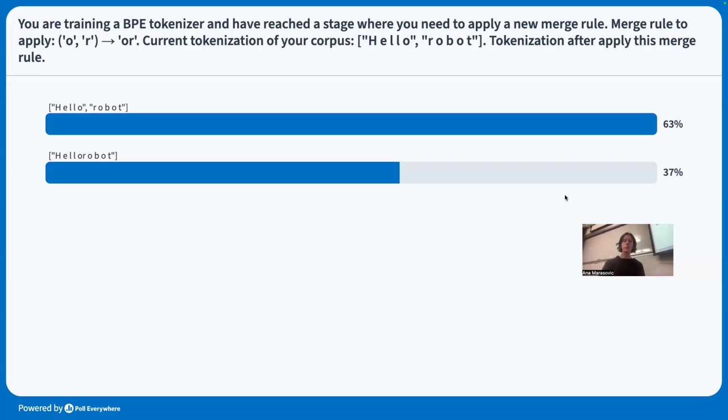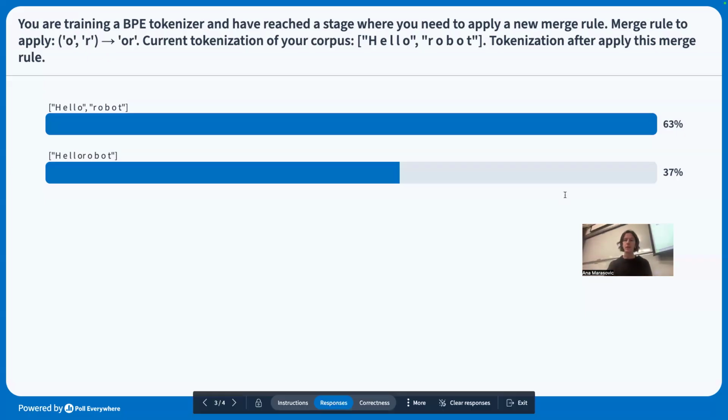The most important bit to remember is we are not applying merge operations across word boundaries. As a reason why, we do want to remember the word boundaries so that our models don't need to remember that, which is the problem we had with characters.